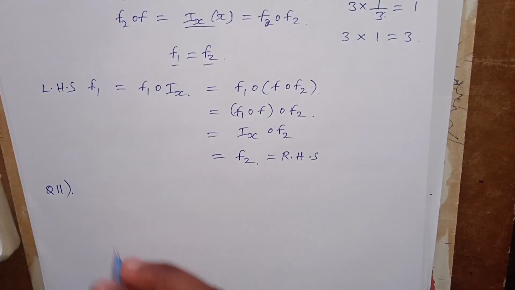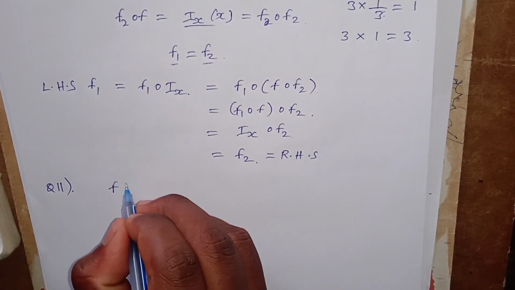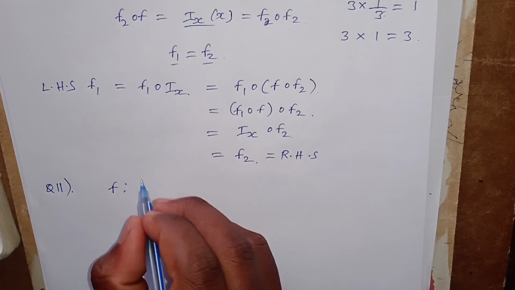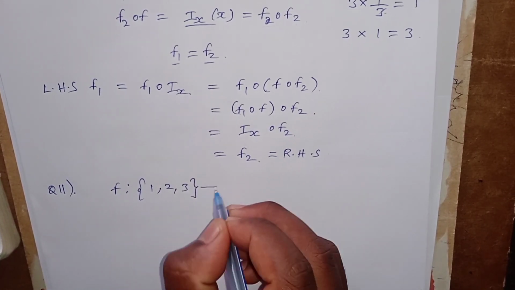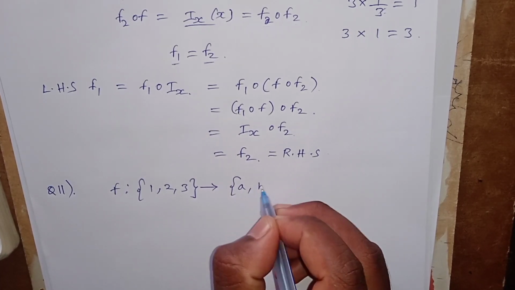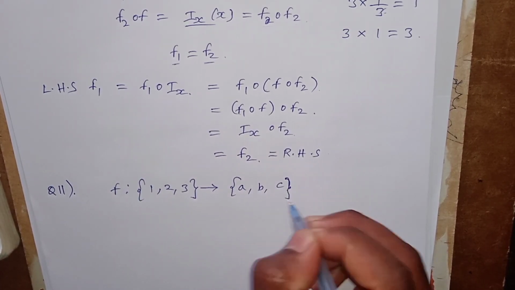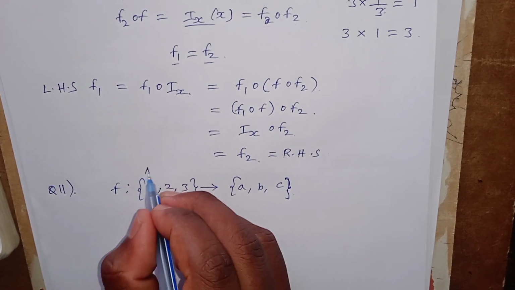Here, function f such that 1, 2, 3 is related to a, b, c.